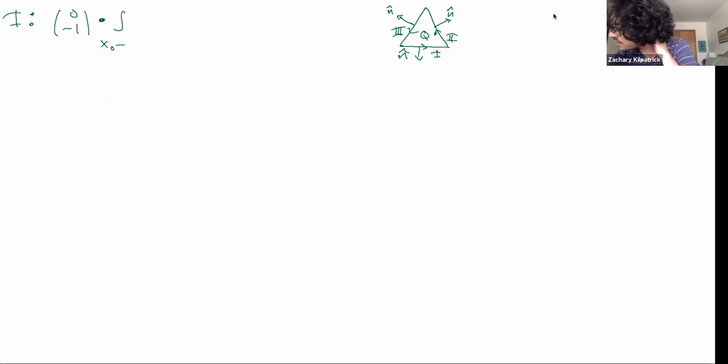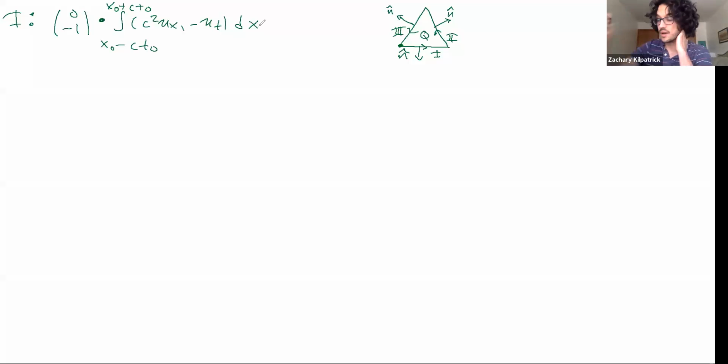It goes from the leftmost x value here, which is x0 minus ct0, up to the rightmost x value, which is x0 plus ct0, of c squared ux minus ut dx. Because it's a line integral, I'm only integrating in 1 dimension, and in this case it's parameterized simply by movement in the x direction. That's where that segment sits.